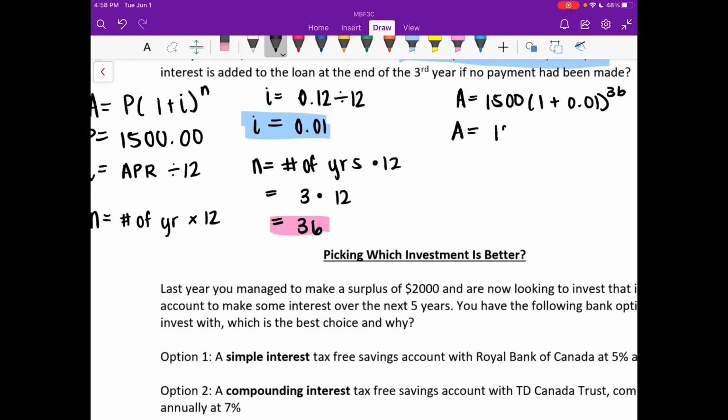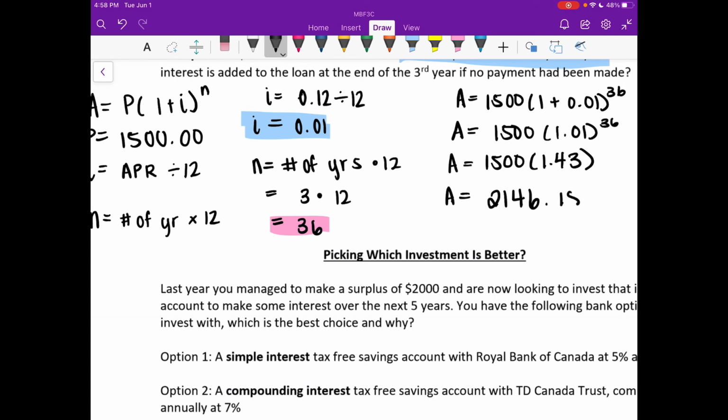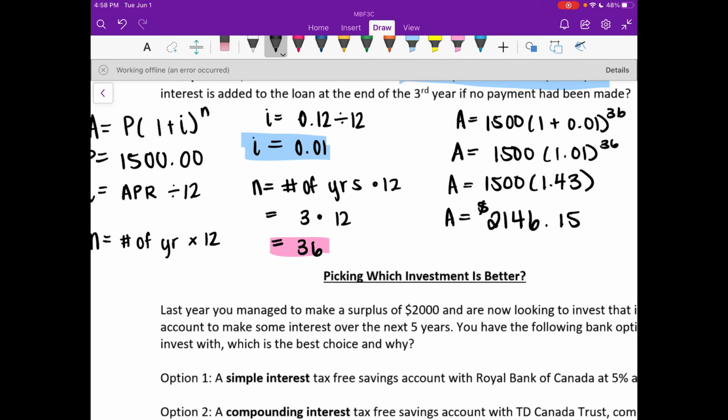Let's do what's inside the bracket first. 1 plus 0.01 is just going to be 1.01 to the power of 36. And so let's do that. 1.01 to the power of 36 gives us 1.43, so 1500 multiplied by 1.43. Let's do the multiplication now. My A is equal to 2146.15. That means that the total amount I owe at the end of 3 years is $2,146.15, right?